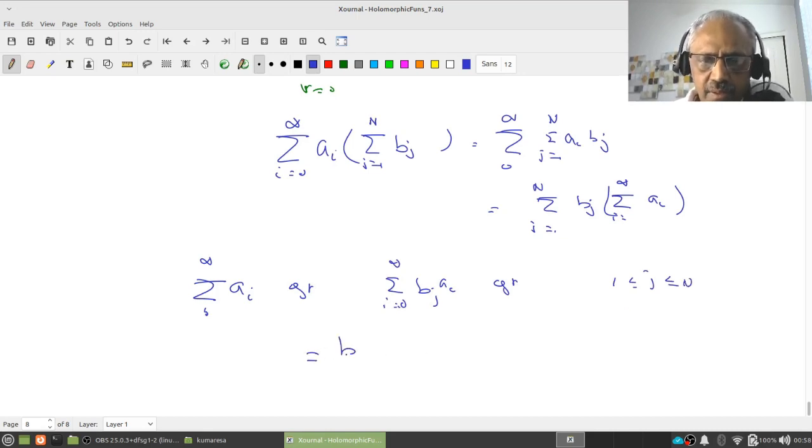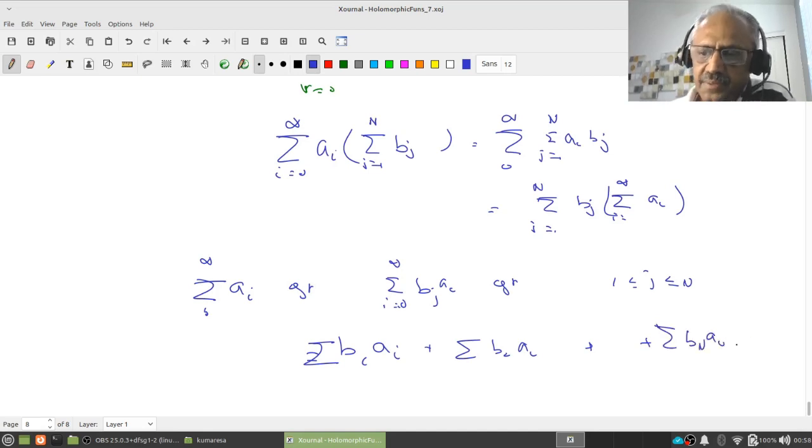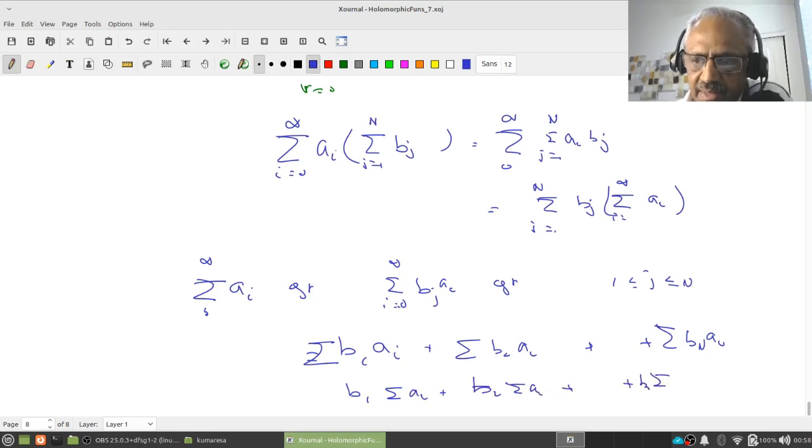So summation b1 a_i plus summation b2 a_i plus up to summation bn a_i is convergent. But this is nothing other than b1 times summation a_i plus b2 times summation a_i, etc., plus bn times summation a_i.